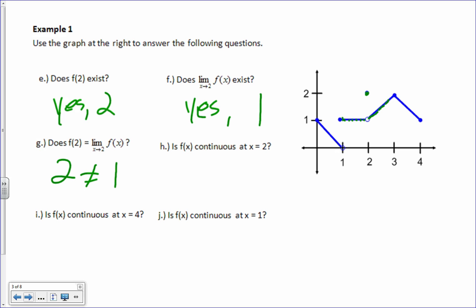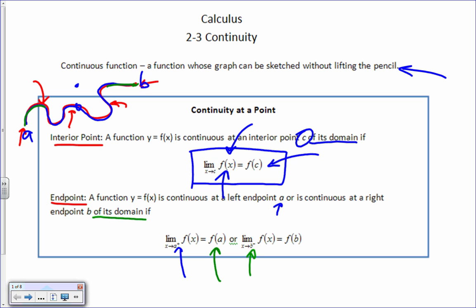No. Now the important part, why am I asking that question, that exists question? Well, because if f of 2 did not exist, is it part of the domain? No, it's not. You have to make sure it's actually part of the domain.